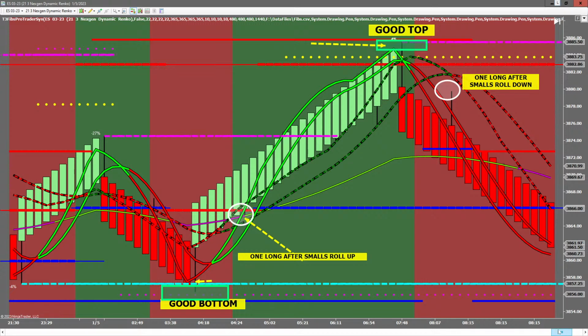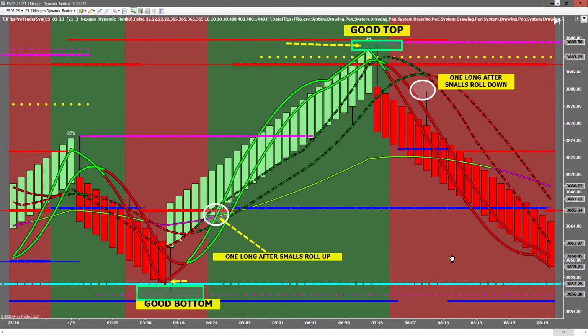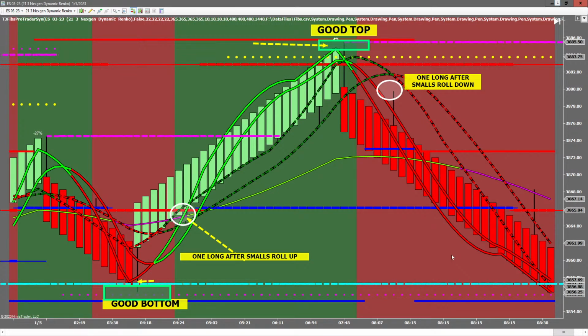So if you were awake at 4 o'clock this morning and you took one long trade, and then at 8 o'clock you took one short trade, would you be done for the day? Now, here's the question. How much money do you guys want to make? Everybody put a one contract number in. If I can make $400 a day or 300 or 500, what's your number in one day?